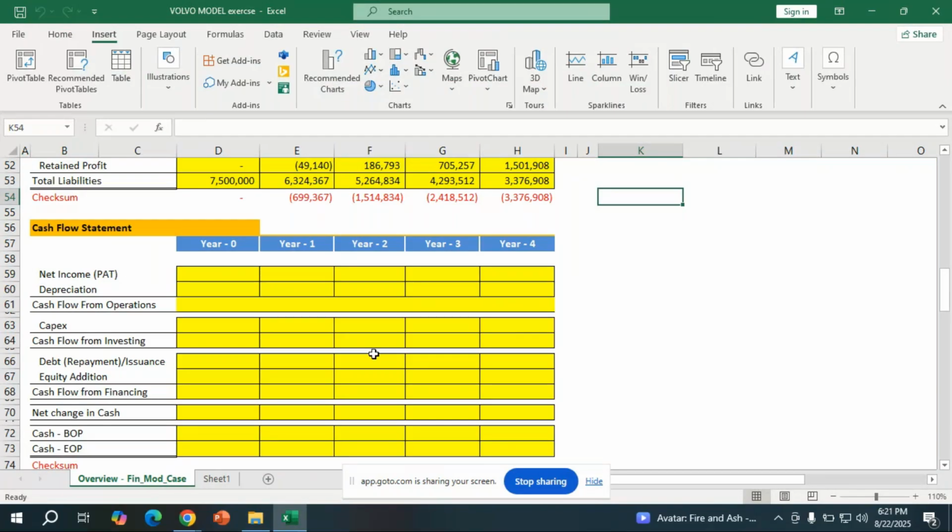Coming to financing activities, obviously concerned with your debt and equity, then we have your issue of shares. So in all these ways, they come under cash flow from financing activities. Fine. So let's begin with the cash flow statement right away.